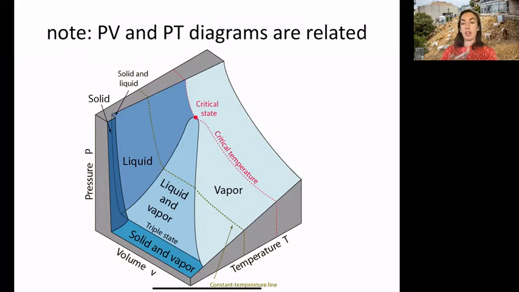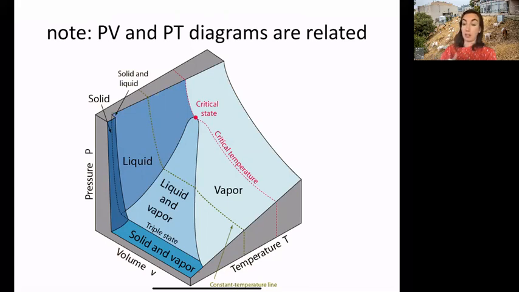You can think of them as two different slices of a 3D figure that describes your species. So this sort of 3D image, I think for some people makes a ton of sense, and once you see this 3D image, then the connection between PT and PV diagrams makes a lot of sense for spatial thinkers.